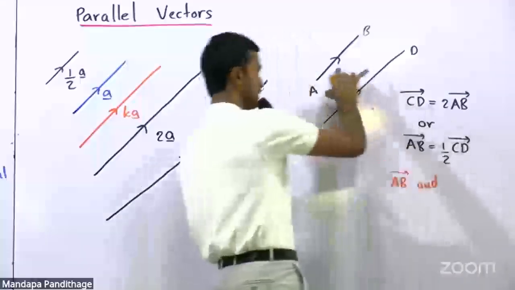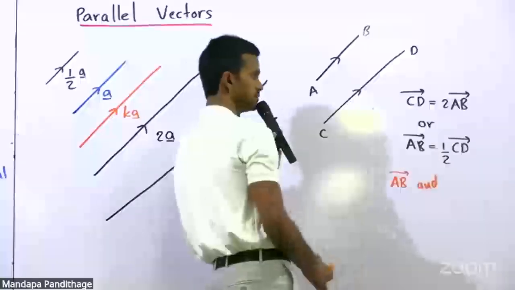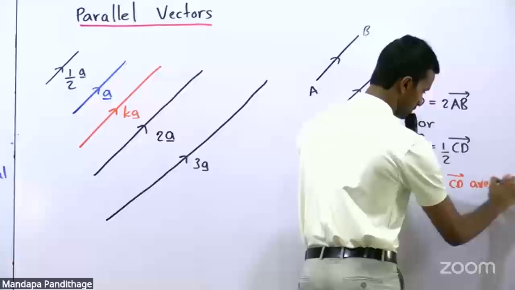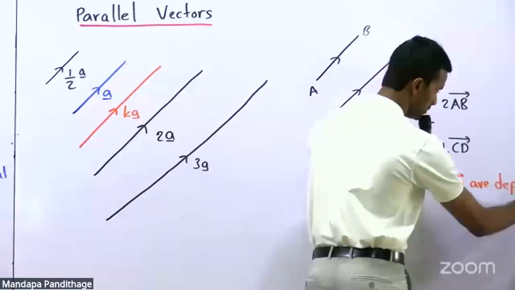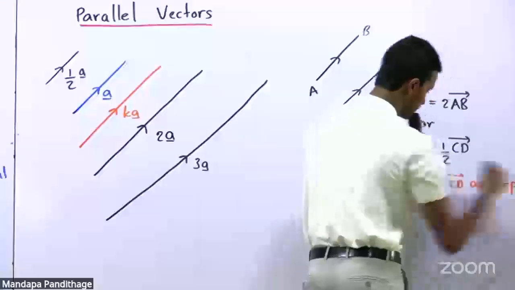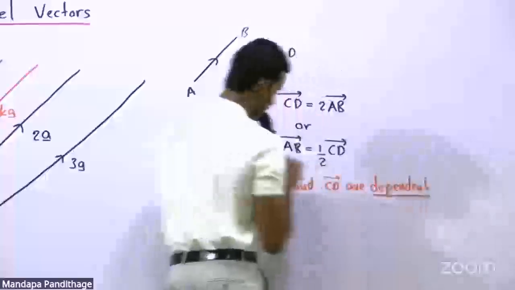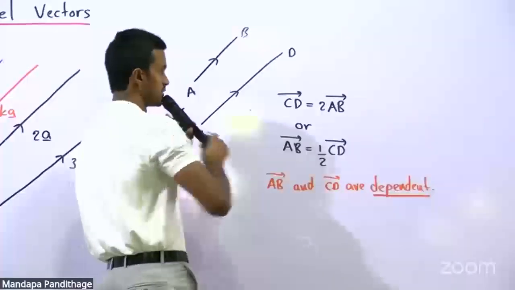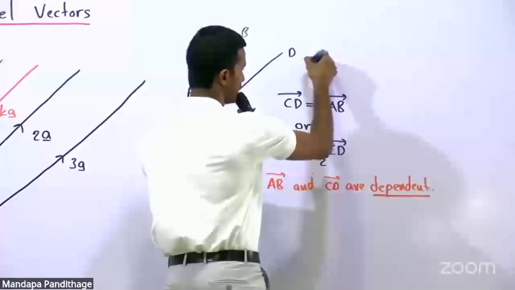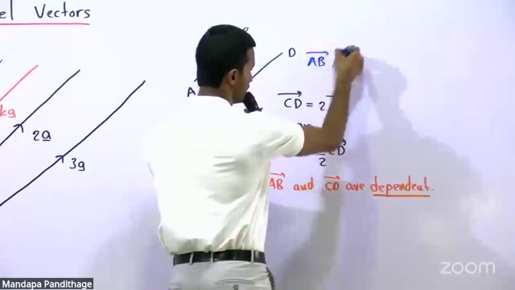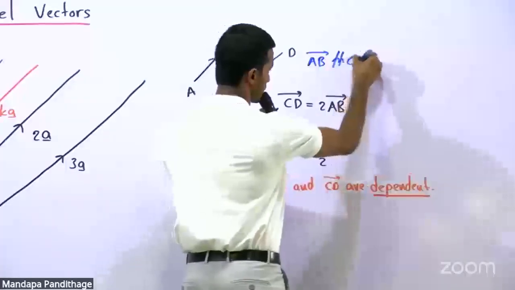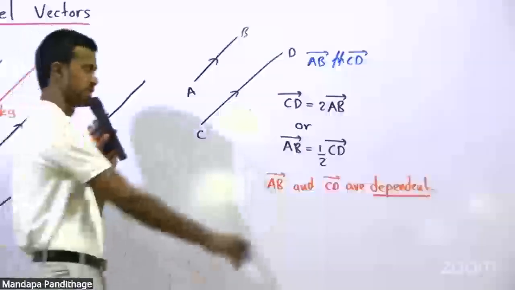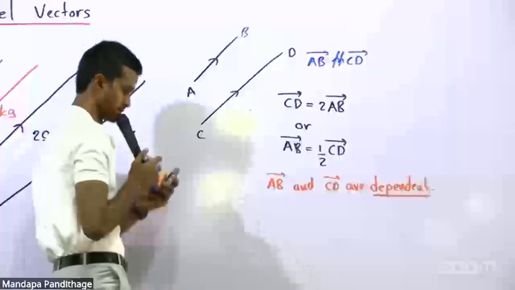Okay, and then write down this. We have AB and CD. Given that AB is parallel to CD, when you write this in terms of the other vector, you can say that the two vectors are dependent.